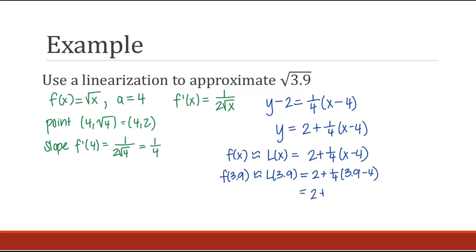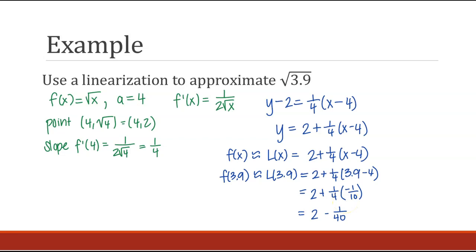So let's keep going. We have 2 plus 1/4 times, okay, and here 3.9 minus 4, that's negative 0.1, or negative 1/10. I'm going to express it as a fraction. So I have negative 1/10 here. So that's the change in x, right? So we have 2 minus 1 over 40.